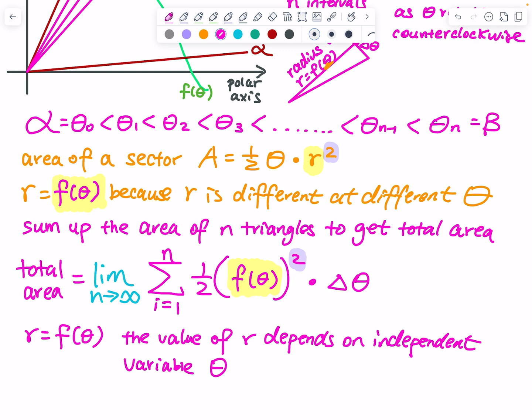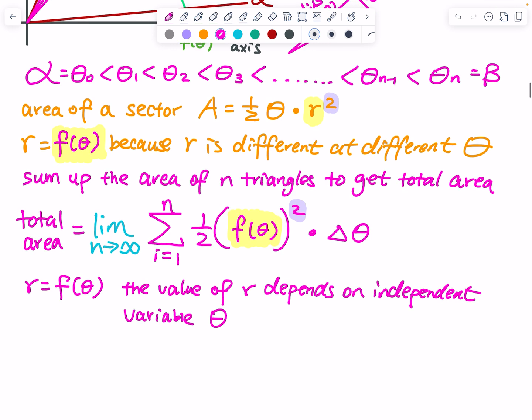Every time you have a different angle, you plug it into the equation, then you get a different R. So you have 1/2 times that R squared times the angle, that gives you the area of one triangle. How many triangles do you have? You have infinitely many of them, then you add them up. So you add them up as n approaches infinity, we can write the following.